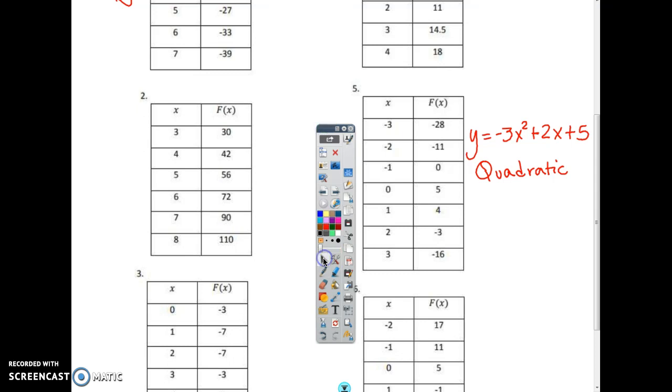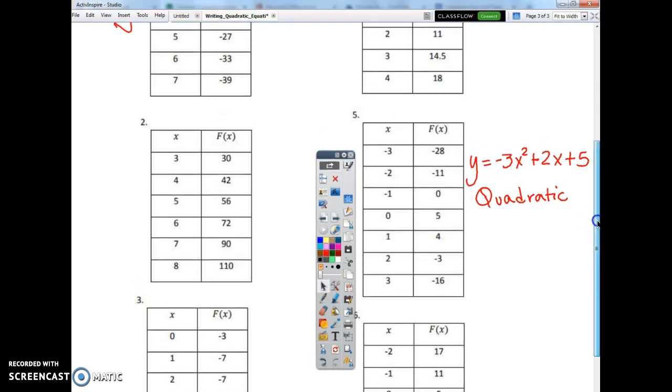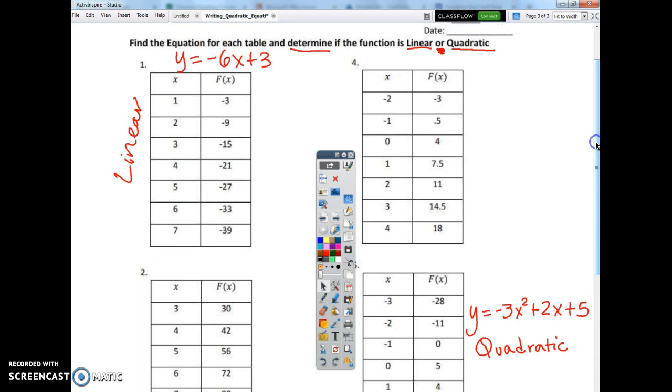Let's go back to problem number 1 up at the top. If they would have asked you for the slope, could you have done the same thing? Yes. You get the equation, and then it tells you the slope. What's the slope of this one? -6. The slope is -6.